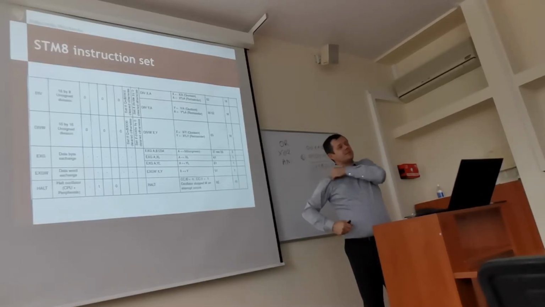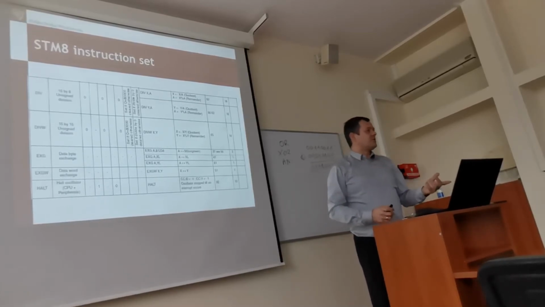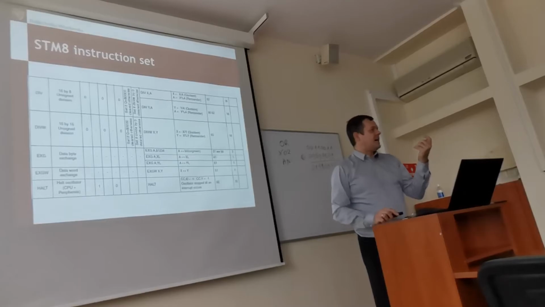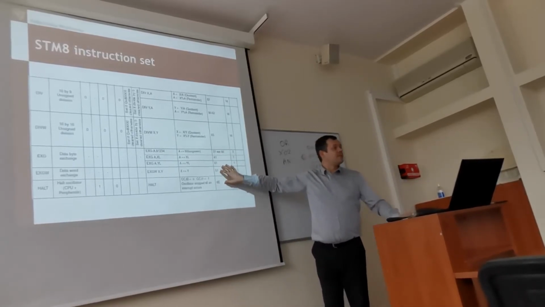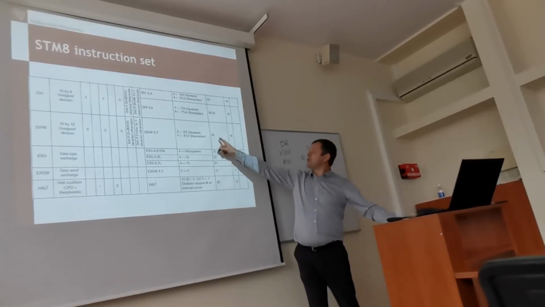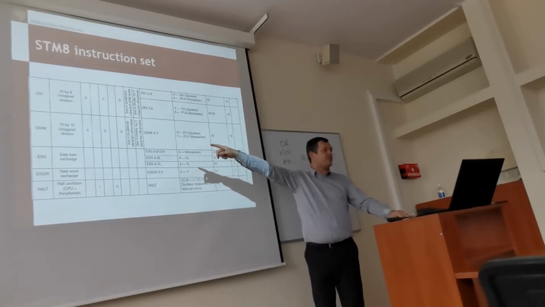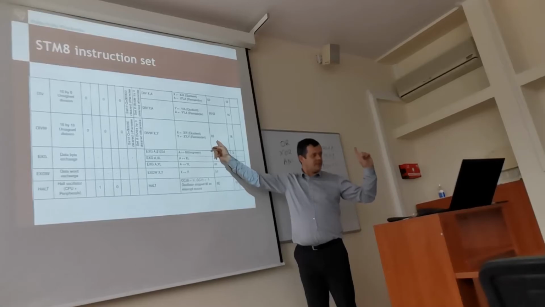No, because number of cycles means how long the instruction will be processed, and to the program counter, how much space it takes, how many bytes there are. So if the instruction has 2 bytes, the PC will be added 2? Yes. So for example, this division instruction, DIVW, the program counter will be increased by 1.